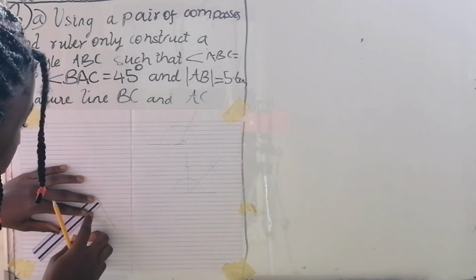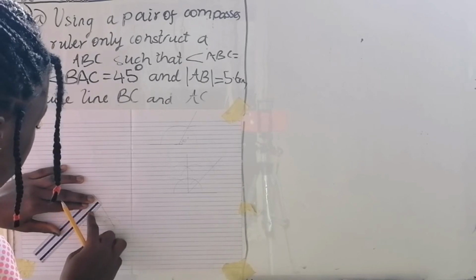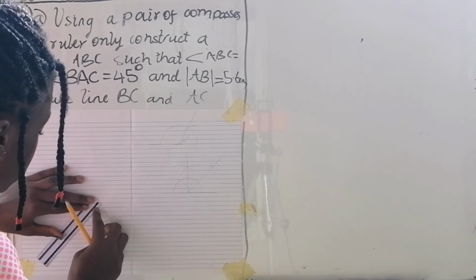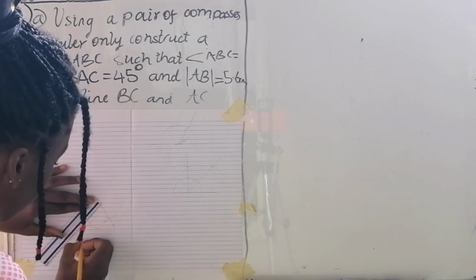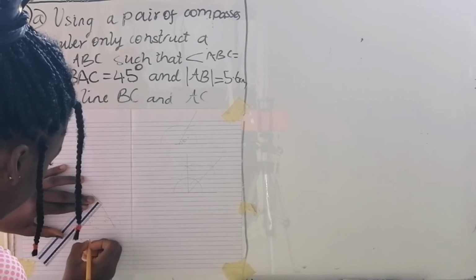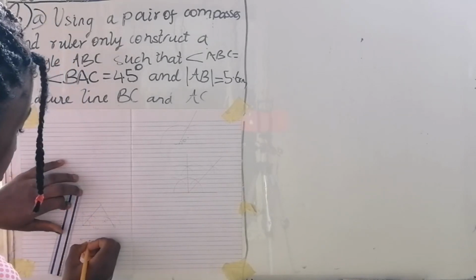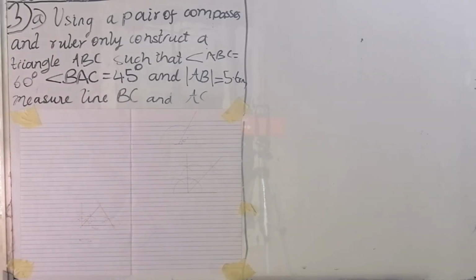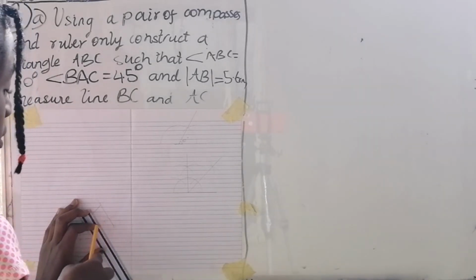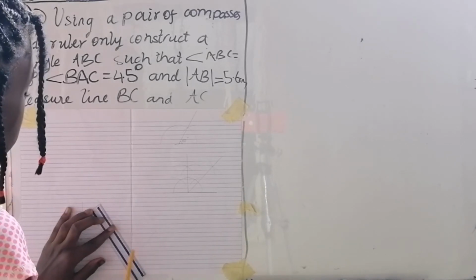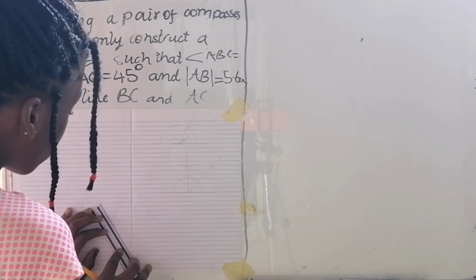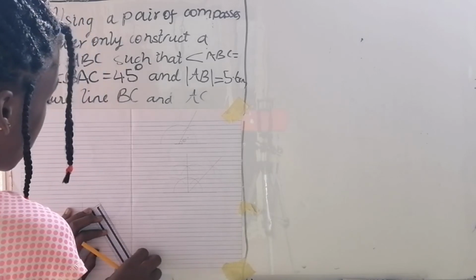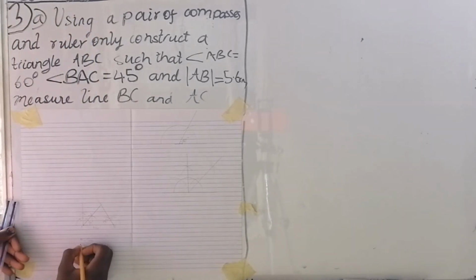So line AC is 5 centimeters, and line BC is about 4.5 centimeters.